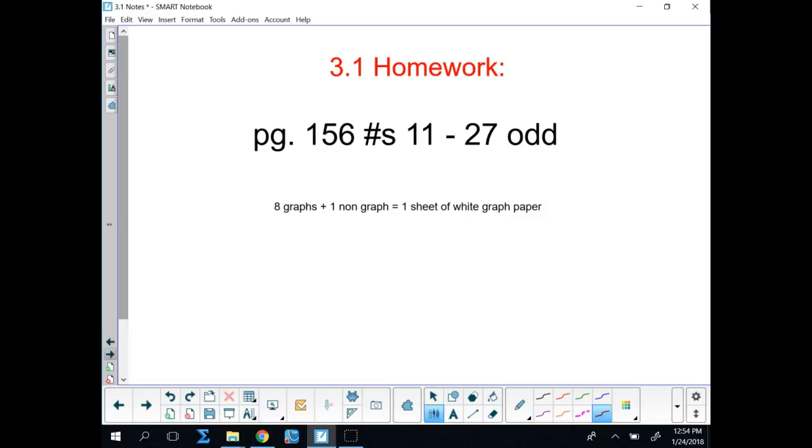Page 156, 11 through 27 odds. That's 8 graphs and 1 non-graph, which equals out to the sheet of paper that I gave you. So while you were doing one of the earlier examples, I handed that out.